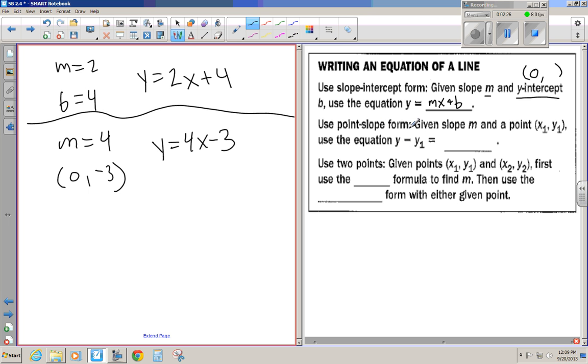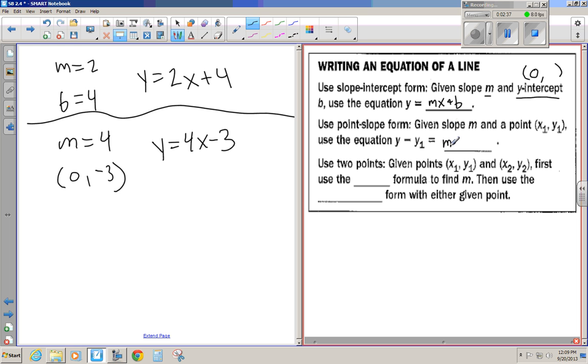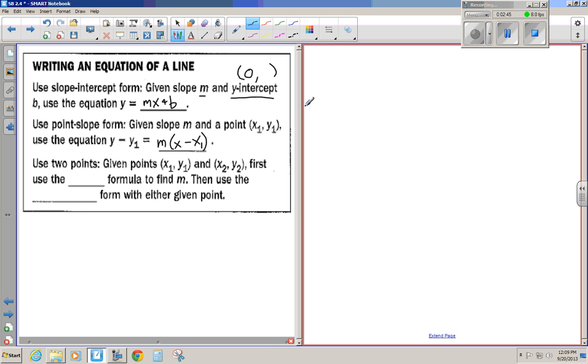Use the point-slope form given a slope and a point, as long as the point is not the y-intercept. And so we use y minus y1 equals m(x minus x1). Basically, you don't have to write this part down, but this equation comes from the equation m equals (y2 minus y1) over (x2 minus x1).